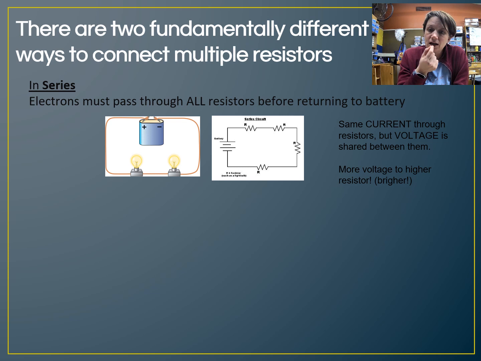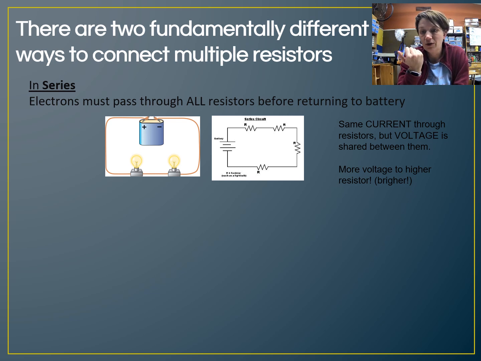If you have this kind of circuit, the voltage that is used at each resistor is going to be proportional to the resistance. In other words, if a resistor is harder to get through, it gets a higher percentage of the voltage or the energy of the battery. That comes from Ohm's law.